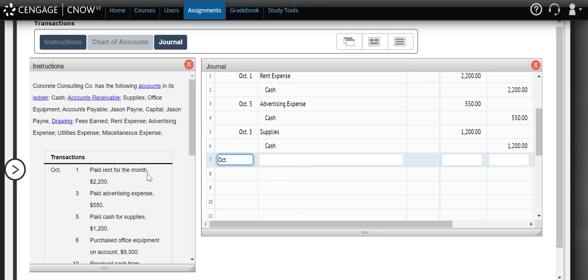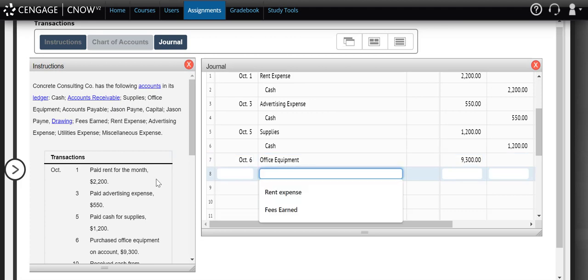On October 6th, it tells us that we've purchased office equipment on account for $9,300. So office equipment, we do have an office equipment account. When we purchase that office equipment, it is an asset to our business. When we have more of an asset, we increase the account with a debit, and we've purchased it on account.